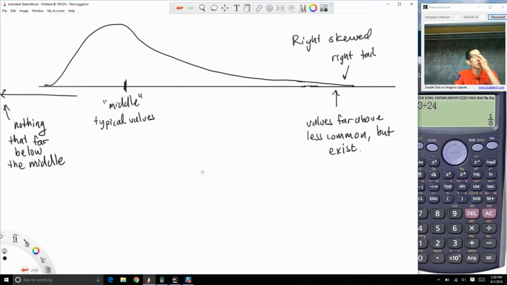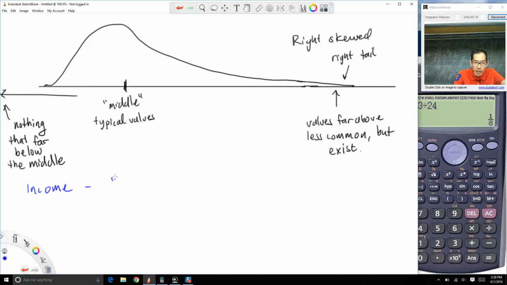All right, and so we can think of an example that is right skewed is income. Income, you can think of what's the typical annual income of someone is probably something around $50,000 to $60,000 a year, something around there, typical.